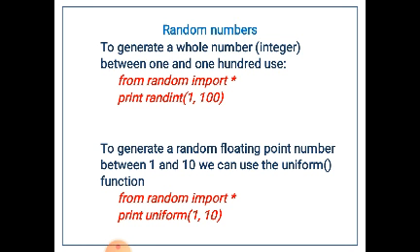To generate a whole number, that is integers, from 1 to 100, we can use the module random: from random import *, print randint. Randint means random integers. There we have given the starting number and the ending number.